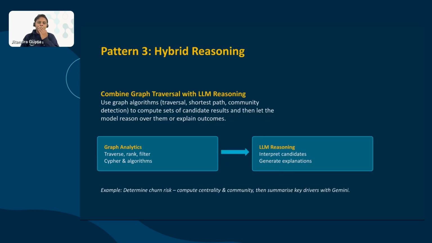Now the third pattern is the hybrid reasoning approach. Here we are combining graph traversal with the LLM reasoning itself. We use the graph to compute a set of candidate results, we rank them together, and then we let the model reason over them and explain the outcomes.